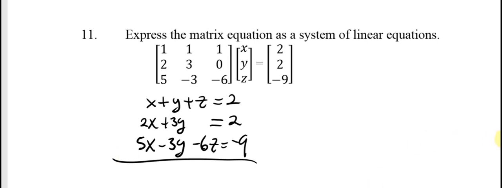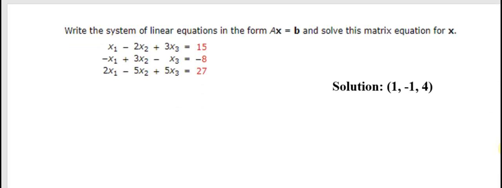Now let's look at the next one. Hey, the next one we get to do some work. So here, write the system of linear equations in the form AX equal to B, and then solve.